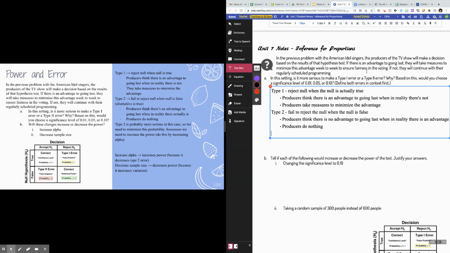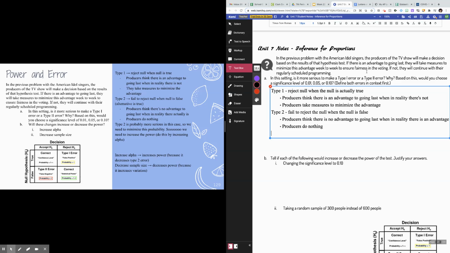Okay, so in the context of this problem, I personally would say that a type 2 error is more serious in this case, right? Because it kind of undermines the voting process, right? And could undermine the fans' faith in the voting process, right?